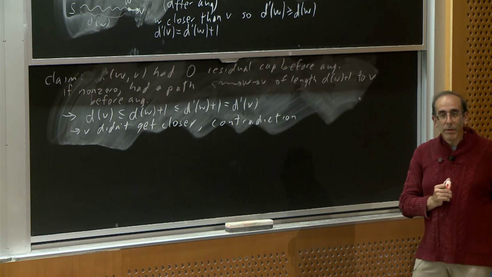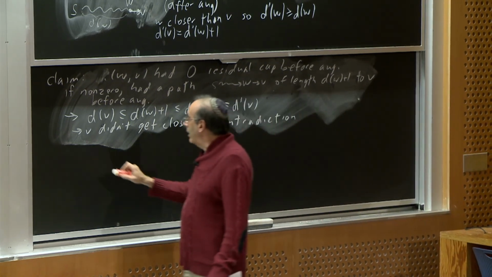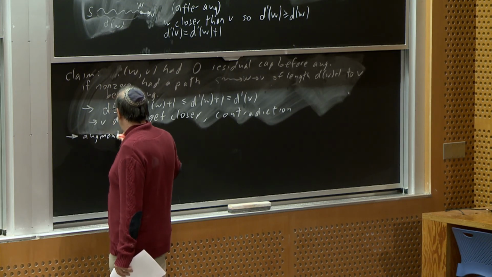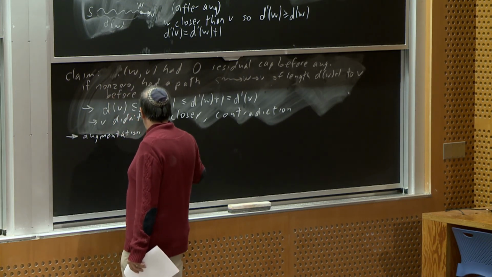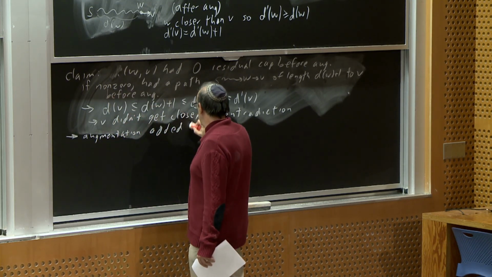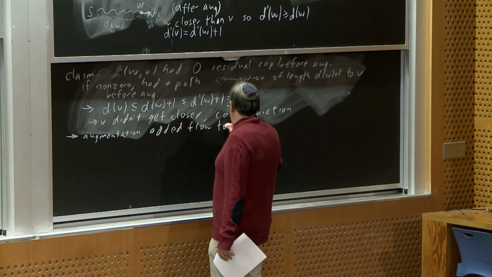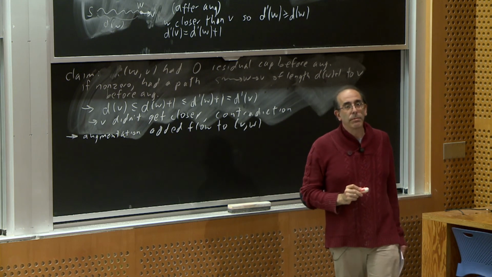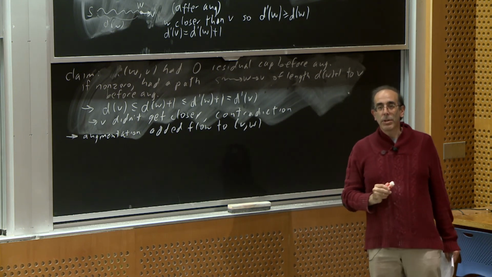Exactly. This implies that the augmentation added flow to edge VW. Why did it do that? What's our augmentation rule?